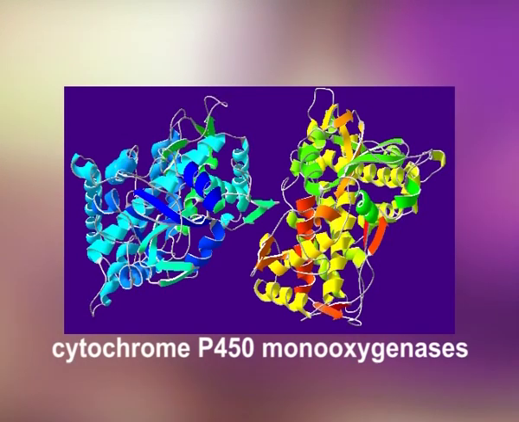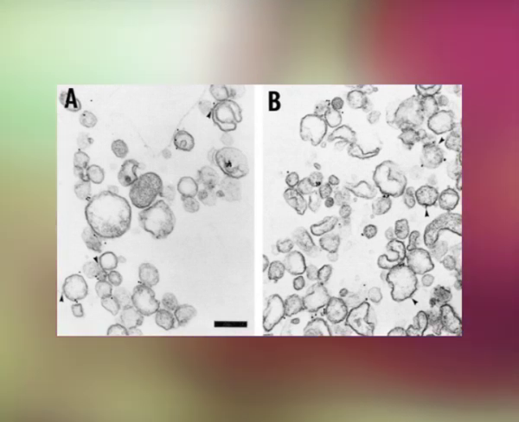The cytochrome P450 monooxygenases are located in the endoplasmic reticulum, a highly organized and complex network of intracellular membranes that is particularly abundant in tissues such as the liver. When these tissues are disrupted by homogenization, the endoplasmic reticulum loses its structure and is converted into small vesicular bodies known as microsomes.